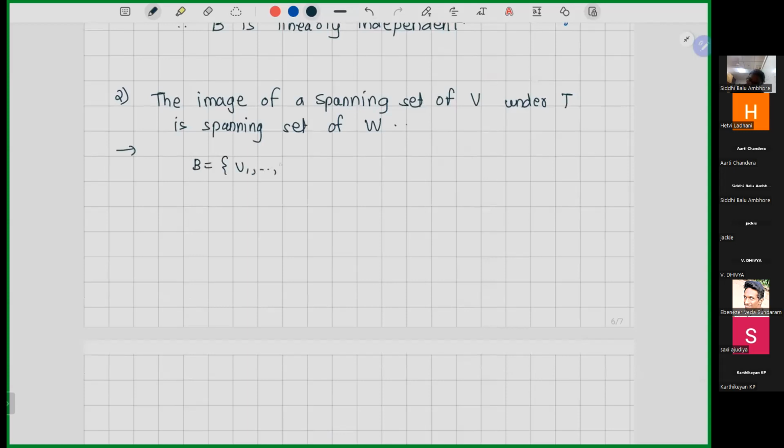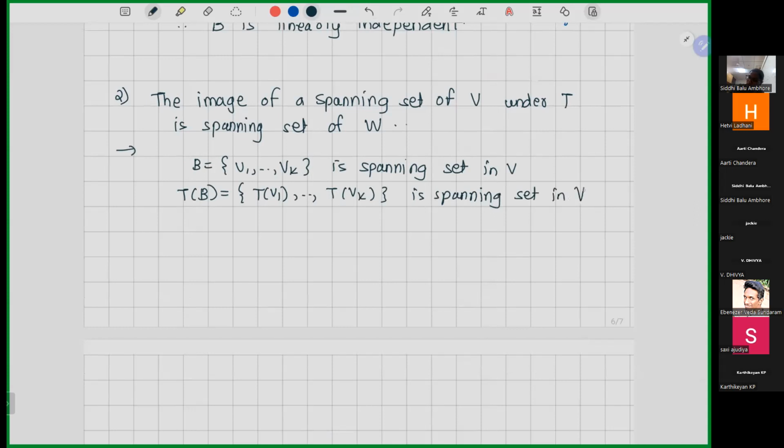Suppose v1 to vk is a spanning set in V, then whether the corresponding Tv1 to Tvk is a spanning set in W or not. Any guesses here?